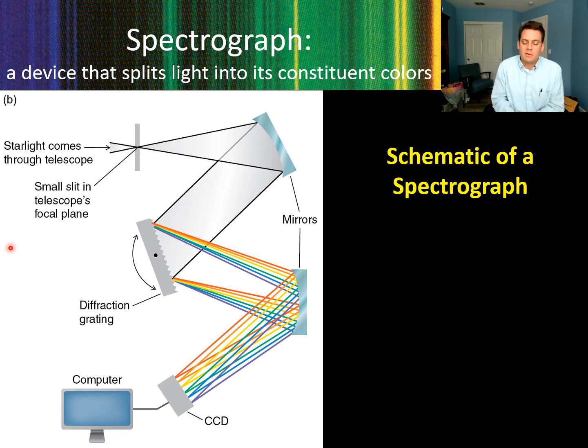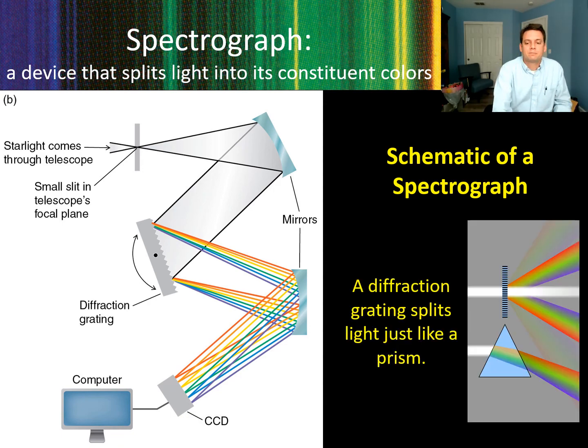It turns out you can split them up using diffraction as well, and that's what a diffraction grating does. And then you use another mirror to reflect the diffracted light now. So you've separated out the colors, the different wavelengths. You capture that with a CCD, and you use some fancy computer software, and you can analyze exactly how much of each wavelength you have. Going forward in the next couple of weeks, we'll talk in a lot of detail about how we can use that information to figure out what the heck the stuff is that we're looking at.